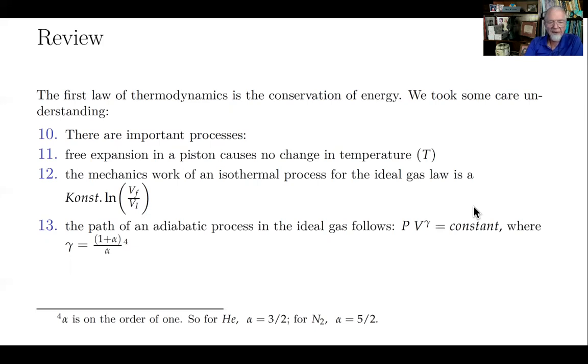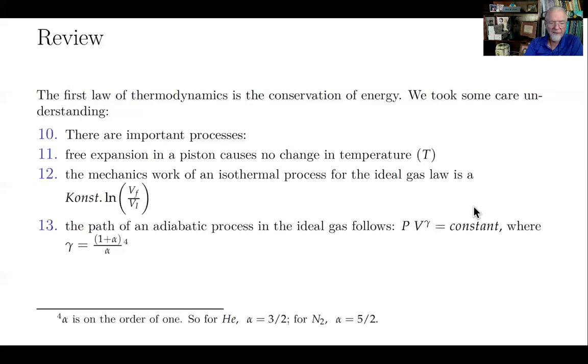The path of an adiabatic process in the ideal gas follows PV to the gamma equals a constant, where gamma is a function of the alpha in the particular gas.